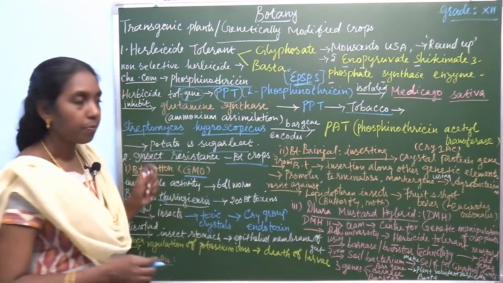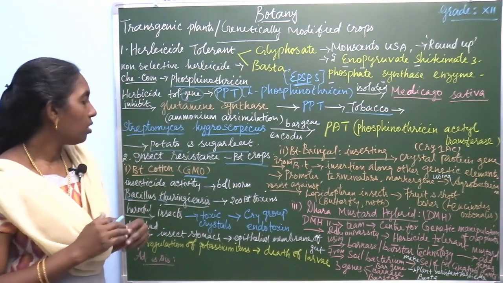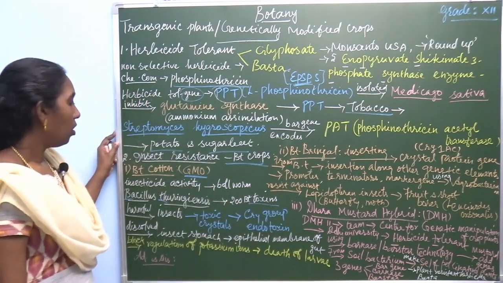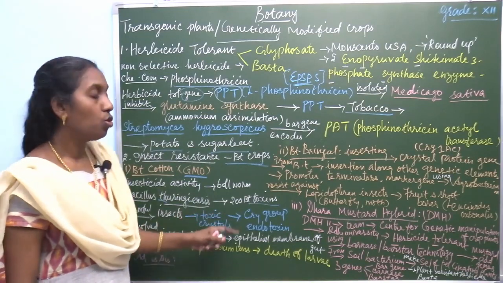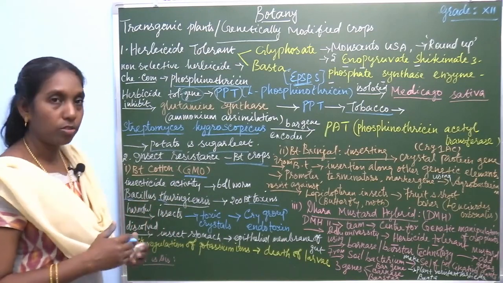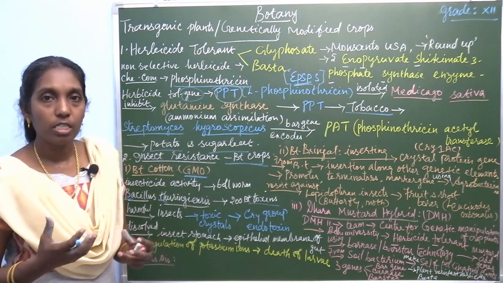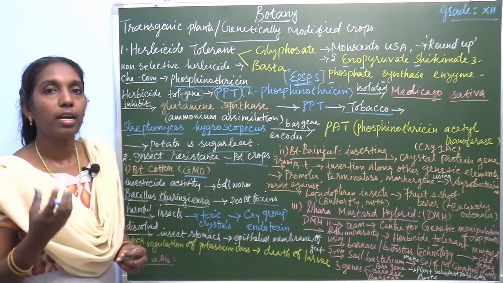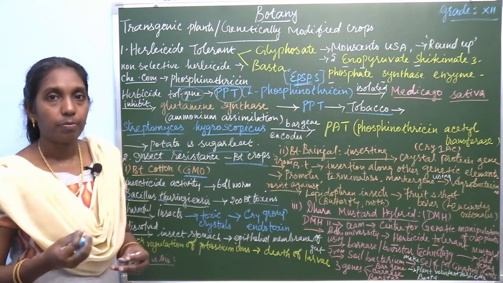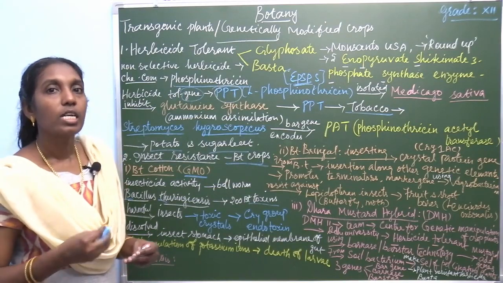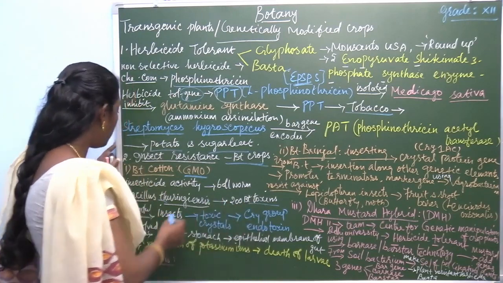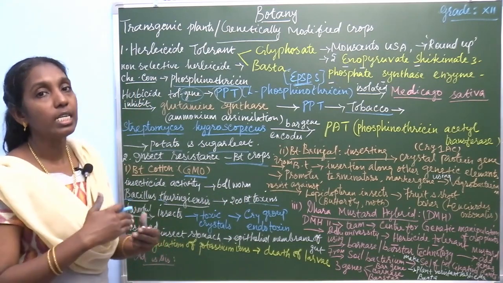Over 200 BT toxins are available in Bacillus thuringiensis. The bacterium encodes endotoxin enzymes. So toxic substances are secreted in its body. Over 200 BT toxins are present which are harmful to insects.